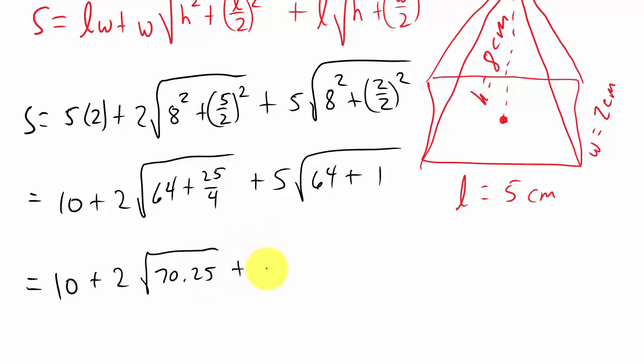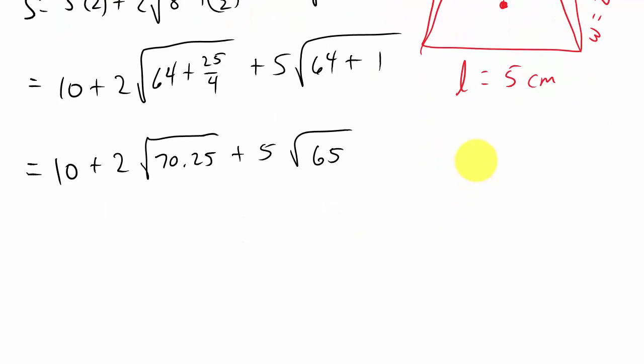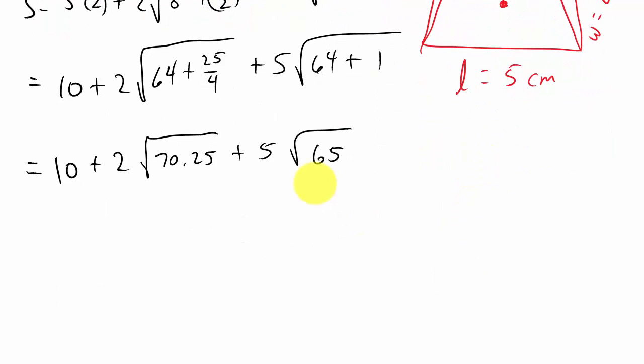So that's 10 plus 2 square root of 70.25 plus 5 times the square root of 65. You just punch it into your calculator, and for the surface area we get 67, and I'll round to 1 decimal place, and that is cubic centimeters.